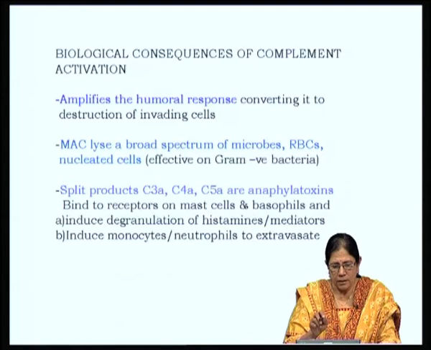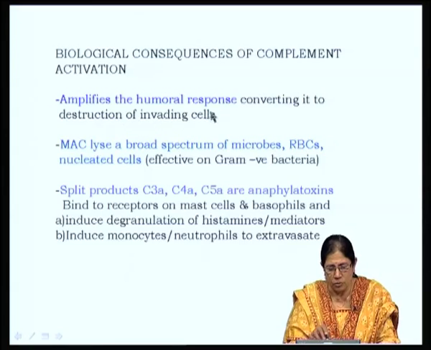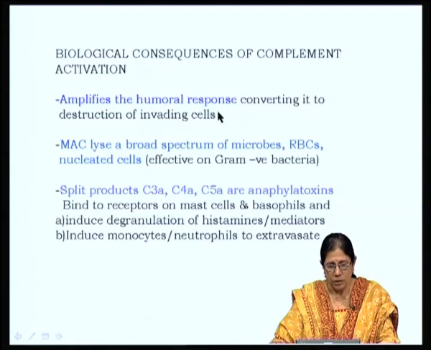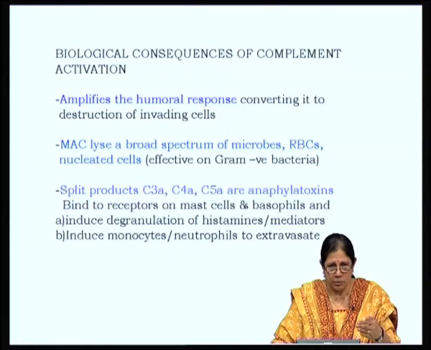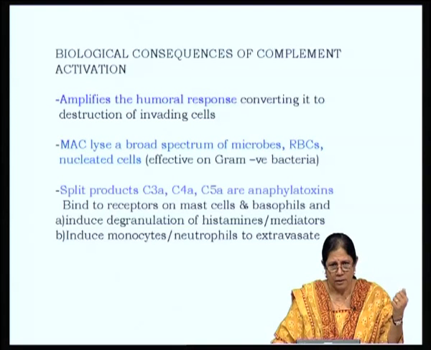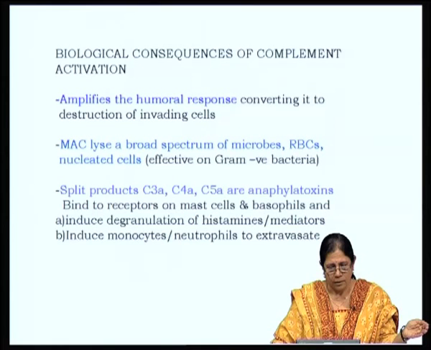So, the classical complement cascade amplifies the humoral response, converting it to destruction of invading cells. Antigen and antibody binding can bring about inactivation by way of immune complex formation, which can be thrown out of the body by phagocytosis.